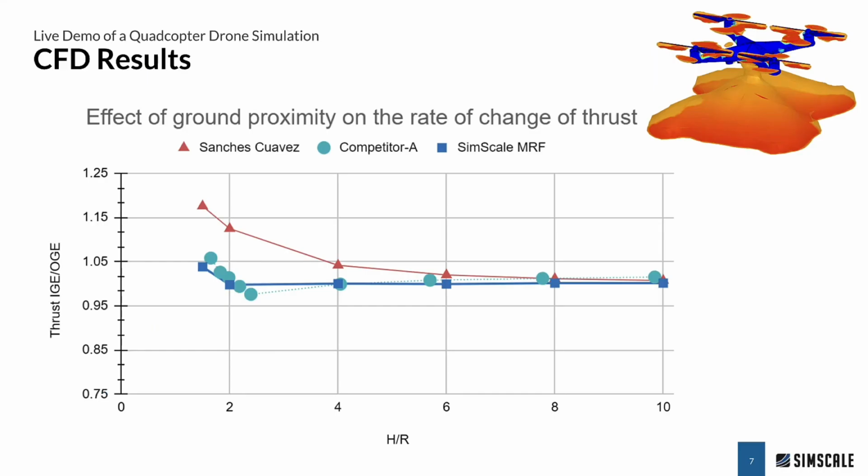So what we actually did here was we ran a case from a research paper, and the research paper had used a traditional CFD tool that's shown here as competitor A, and our results match very well with that traditional CFD tool for the various H/R ratios, the different heights, and the thrust that we get out.